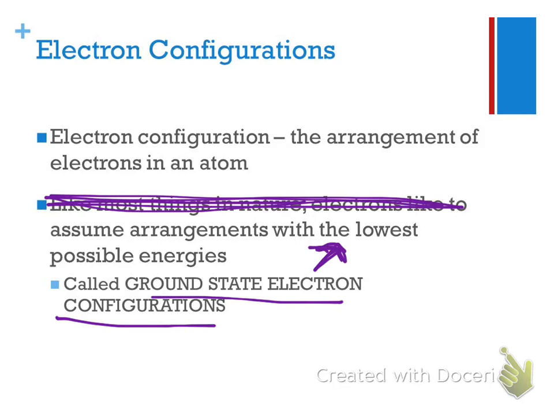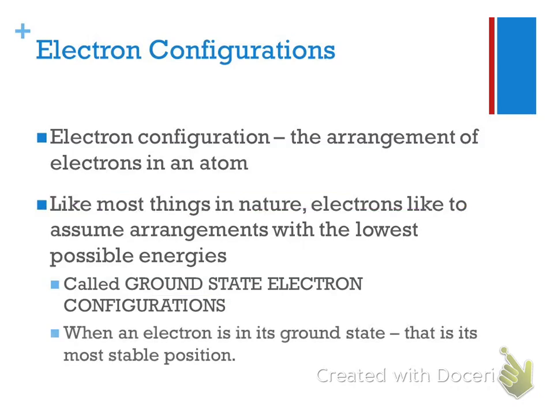Ground state electron configurations are for neutral atoms that are just hanging out. So that's what we're going to look at first: the arrangement of electrons within an atom that's relaxed. Those are called ground state electron configurations. That's when an atom is in its most stable condition.